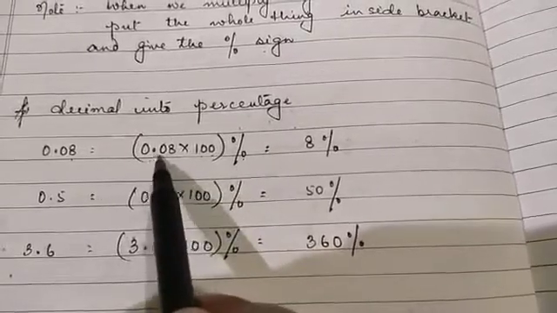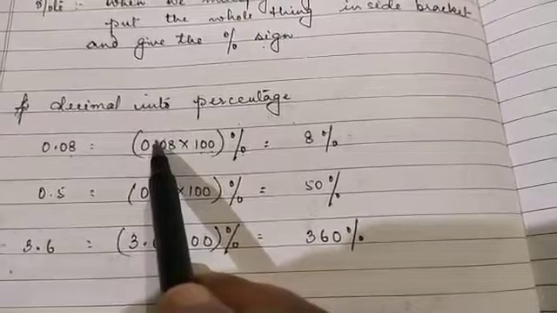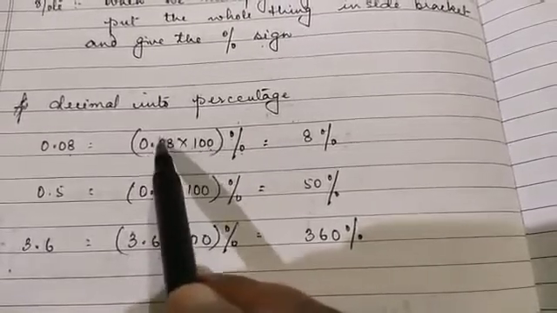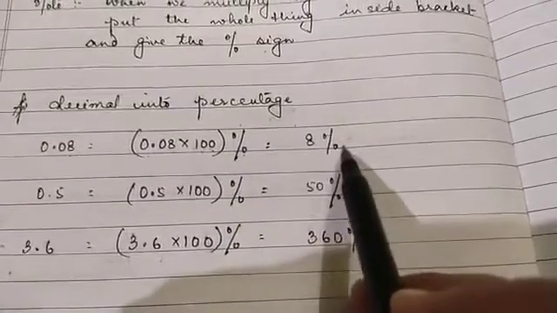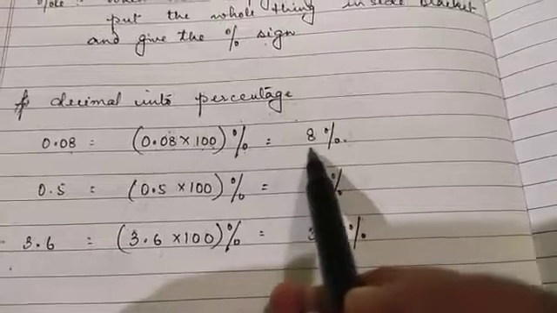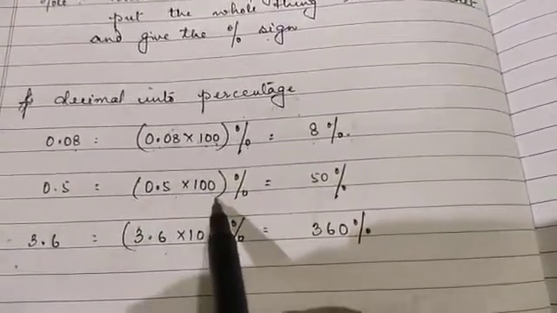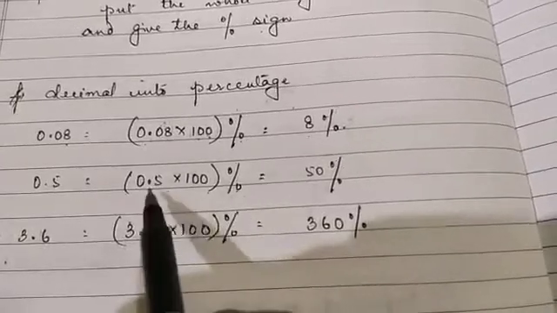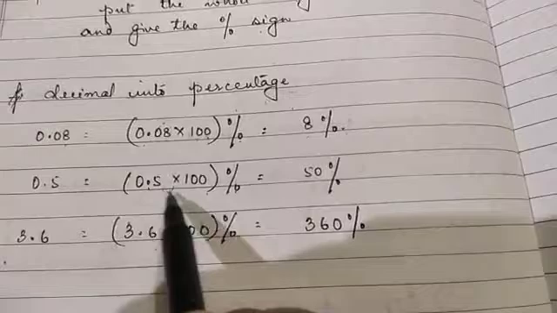So this is 0.08 into 100. So decimal point will shift where? We are multiplying, so decimal point will shift towards the right. 2 places it will shift, and this is 8%. 0.5 into 100%, the decimal point will shift 2 places, that will become 50%.